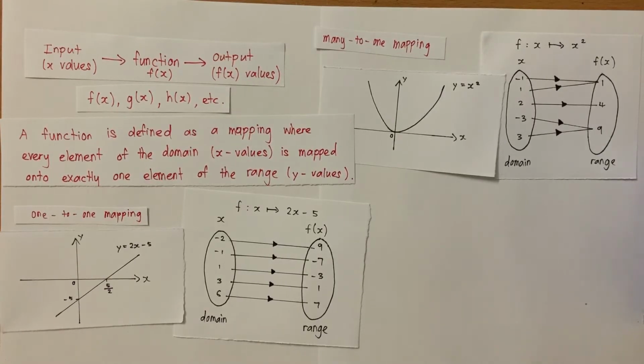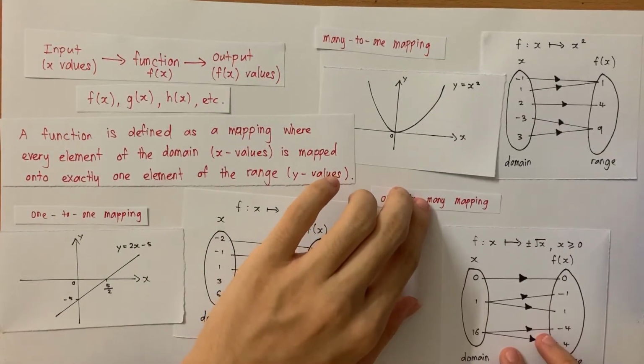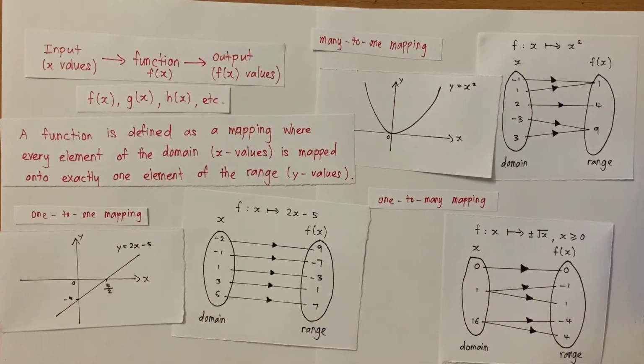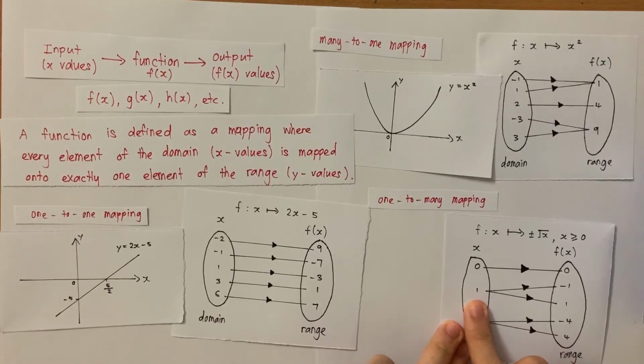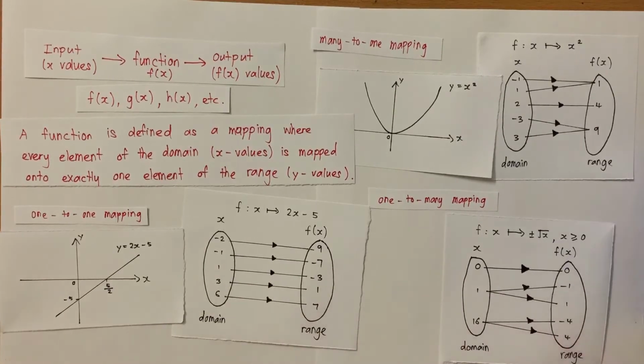And then we come to one-to-many mapping. One-to-many mapping looks like this. You can see this is plus minus square root x, but of course x must be positive or equal to 0. And you can see if we have x equal to 1, we can have 2 values. We can have negative 1 as our output or 1 as our output. And this is not a function because one input leads to 2 outputs, and that's not our definition of function.